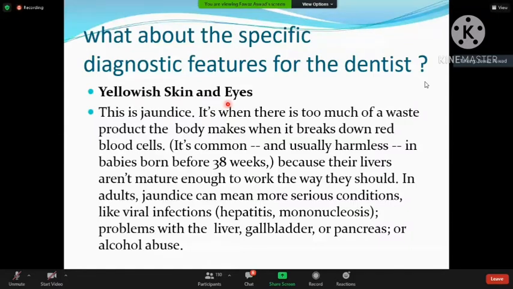So if a patient comes with yellowish eyes, I refer him for a hepatitis test, which we will take in detail in the coming lectures, God willing. But for example, if I see that the patient is old and has yellowish sclera, we suspect other causes more than hepatitis, like for example stones in the gallbladder or pancreas, pancreatic disease, or an alcoholic patient.